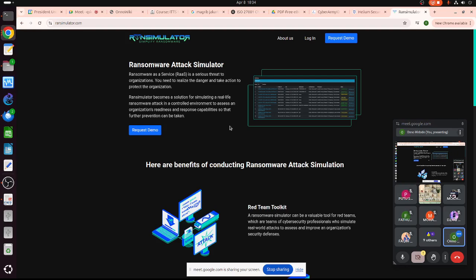It's not brutal, but the ransomware can be injected into a computer in the company, and then we can evaluate the preparedness of the people within the organization, whether they are prepared for a ransomware attack or not.